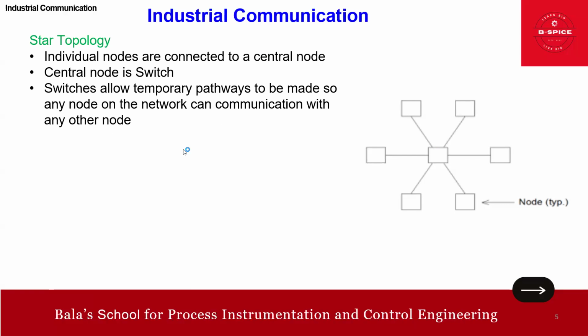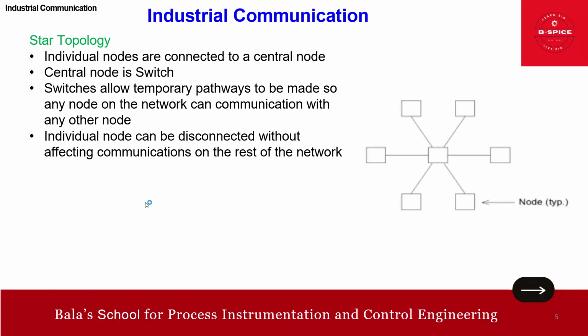I think there is a typo here. So the switch allows temporary pathways to be made, and any node on the network can communicate with any other node. The individual node can be disconnected without affecting the communications on the rest of the network. That is another beauty.